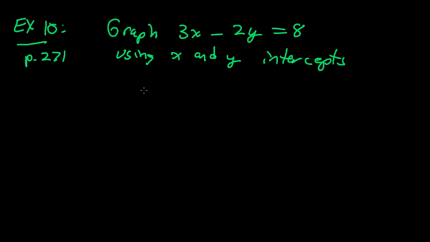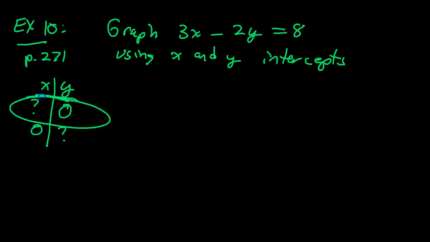All right, well, what we can do here is set up a table of values and say, well, for the x-intercept, I'll let y be 0 and solve for x. And for the y-intercept, I'll let x be 0 and solve for y. All right, so let me go ahead and do that. To find the x-intercept, I'll let y be 0.